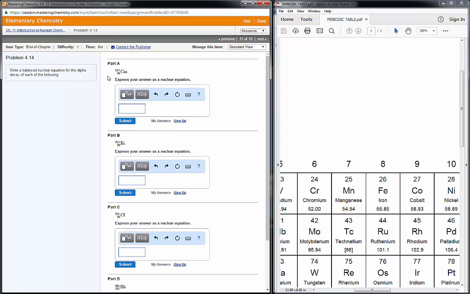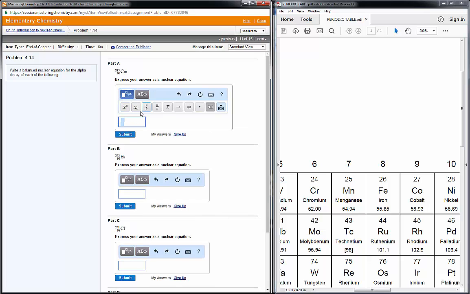All right, now if I want to write the entire equation and they want alpha decay, I'm going to start with this guy and do alpha decay. So 243, 96, curium goes to form the alpha particle, which is my helium nucleus, 4, 2, He. And then, all right, so 243 has to equal the sum of 4 plus, looks like it's going to be 239. 239 plus 4 is 243.